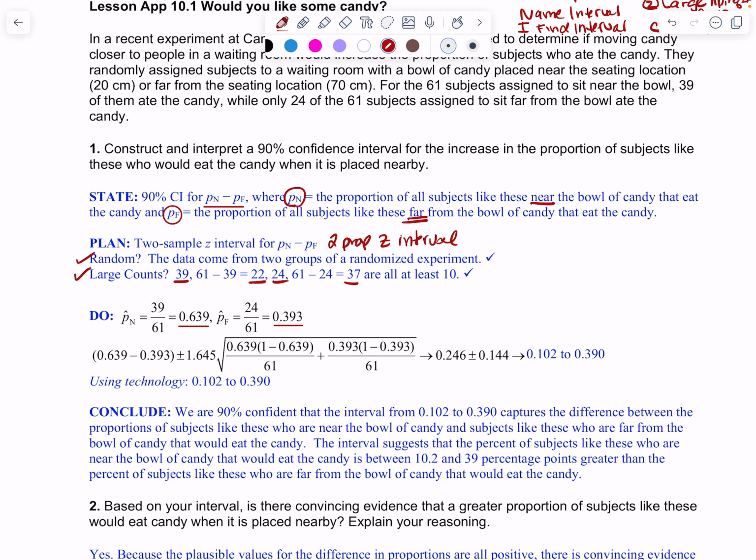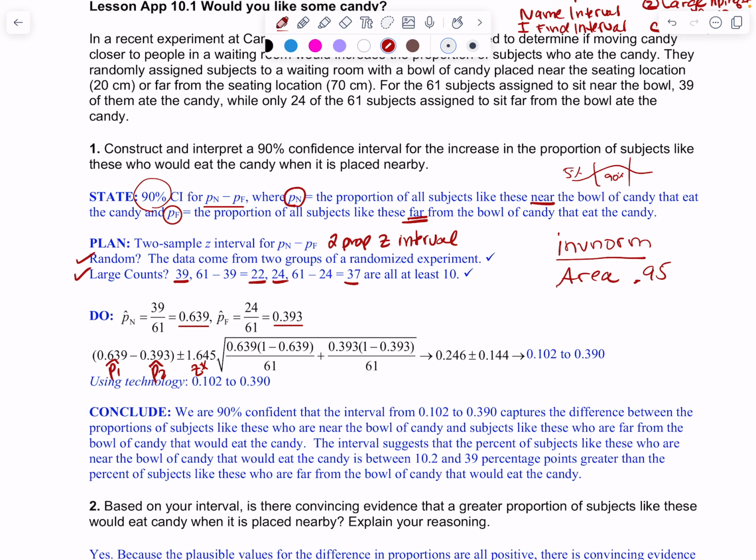and then here we go. Here's my formula. That's p1 hat minus p2 hat. There's my z star, because it's 90%. So to do that, it's inverse norm, and that's area. Okay, for 90%, I have to use 0.95, because remember, it's the center plus the tail.